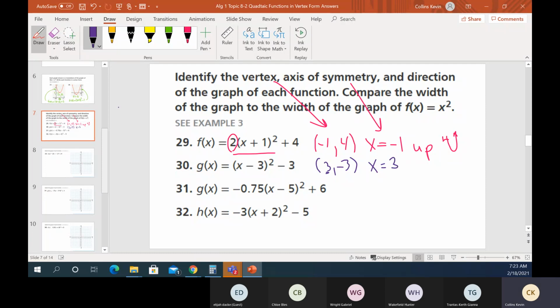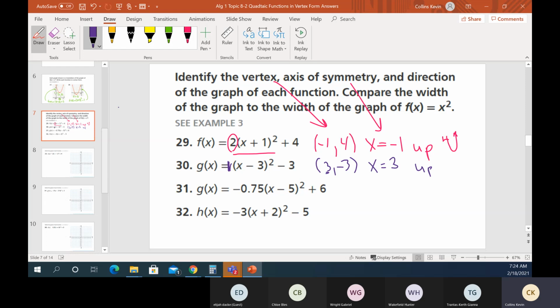How about this guy? We going up or down? Yeah, we're going up. We don't see a negative sign. We don't see any number out front, but that's okay, because you know how it is in math. If they don't put a number out front, technically it's 1. Right? So this is +1.